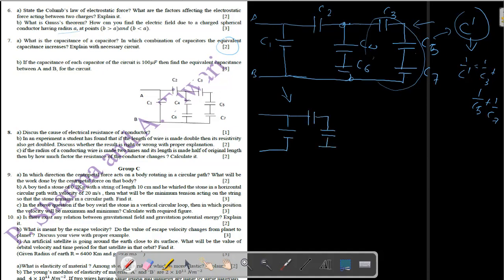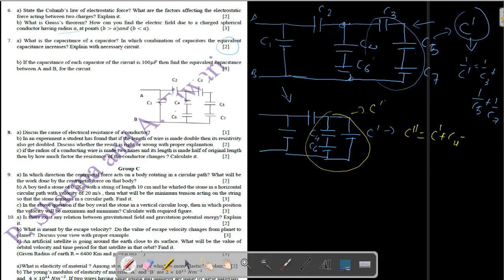After solving that, you will see this circuit in this form. For these three, we have supposed the equivalent capacitance is C dash. Now, if you see here, this C dash and these two, that are C4 and C6, are in parallel combination. That's why if we suppose another capacitance, that means C double dash, for these three, you will find it easily by adding C dash, C4 and C6.